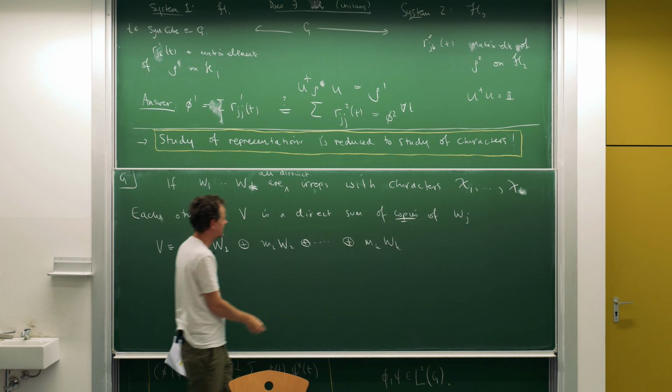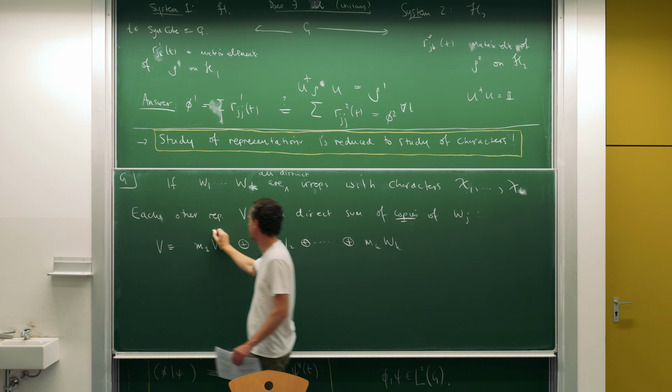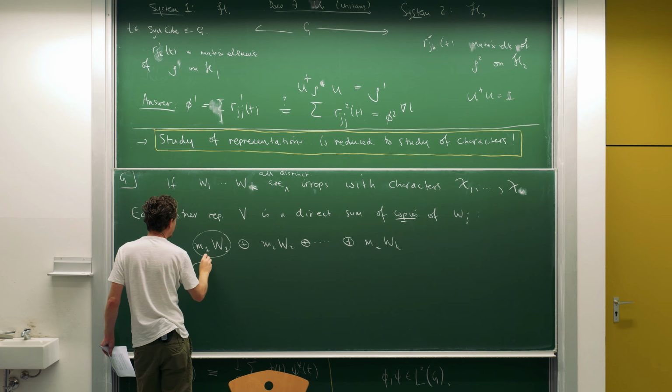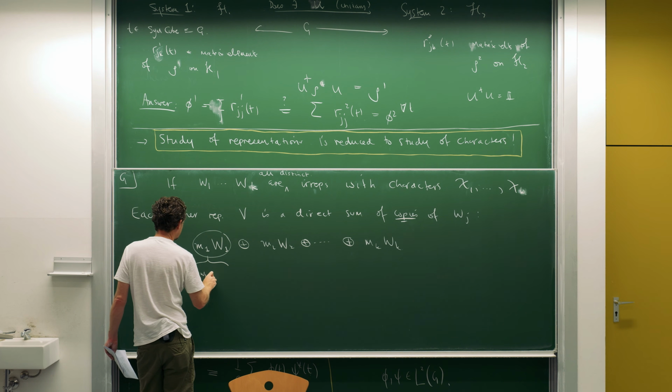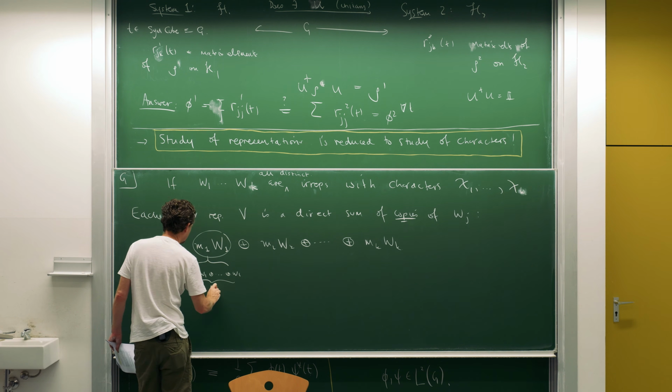And to explain this notation, that just means W1 direct sum W1 direct sum, M1 times.